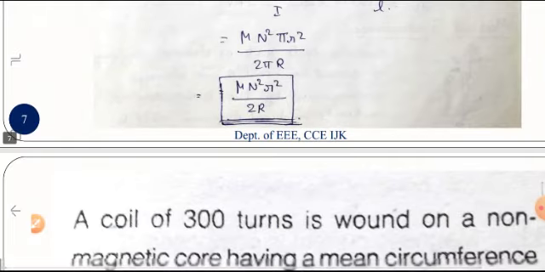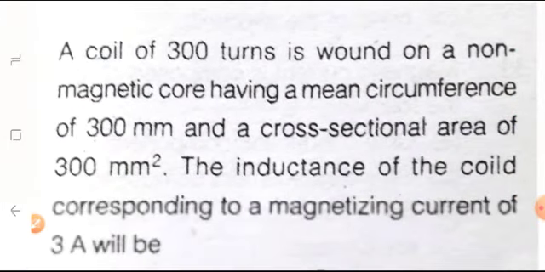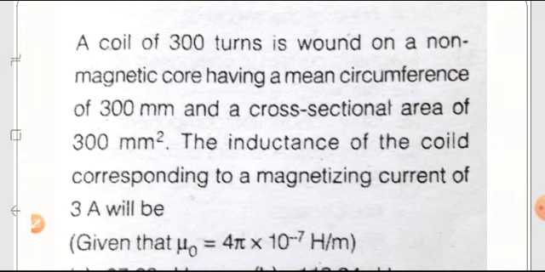Now let us see a simple problem of toroid. A coil of 300 turns is wound on a non-magnetic core having a mean circumference of 300 millimeters and a cross-sectional area of 300 mm square. The inductance of the coil corresponding to a magnetizing current of 3 ampere will be.